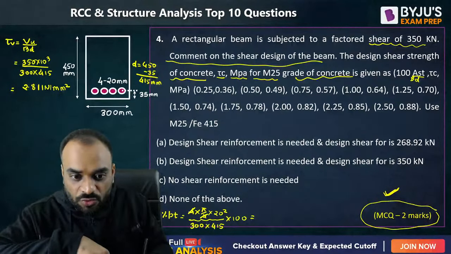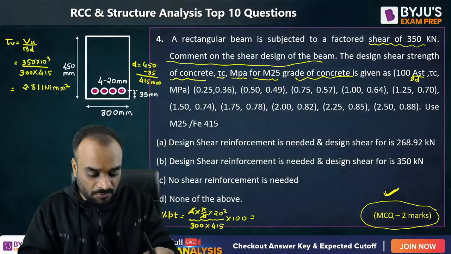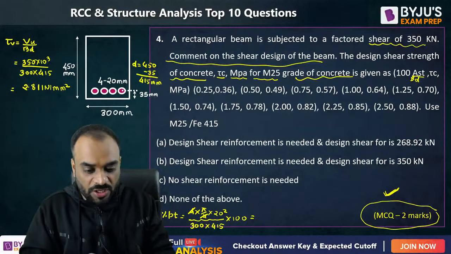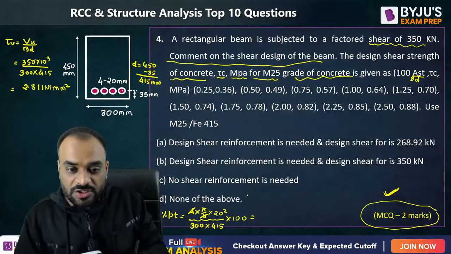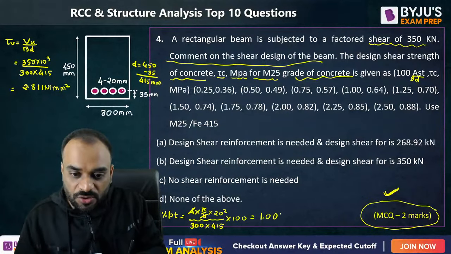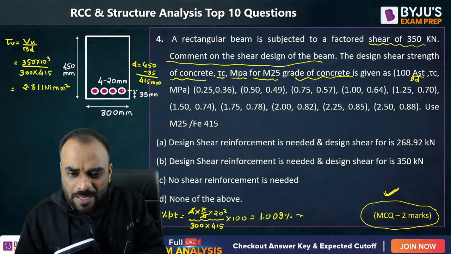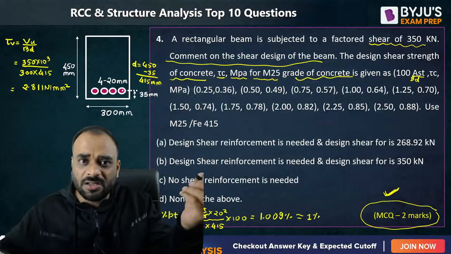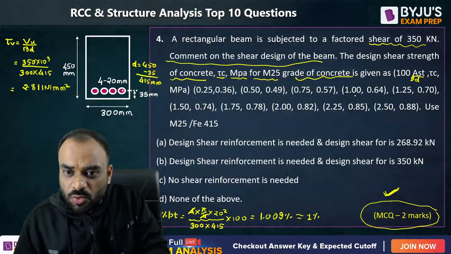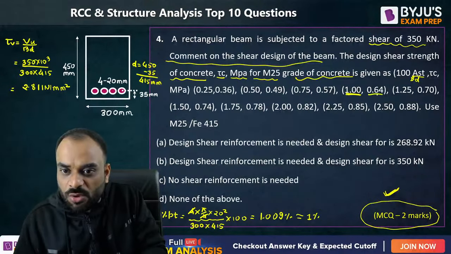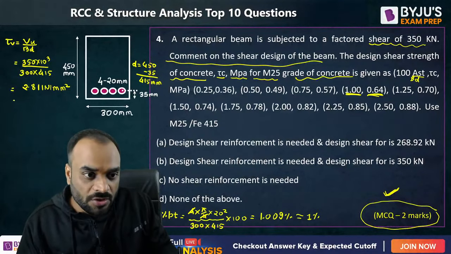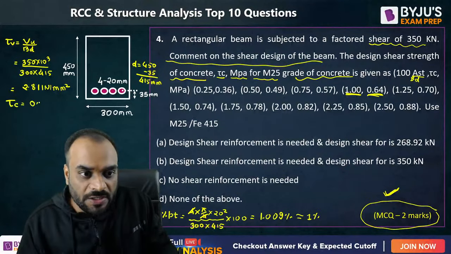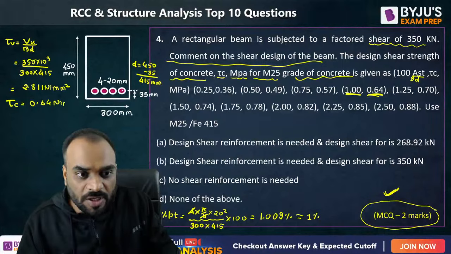Kindly cancel 4 to 4. Pi into 20 square multiply by 100 divided by 300, 415. So this value is coming around 1.009%. That means approximately equal to 1%, correct? Now check for 1% what is the value of tau c. It is 0.64. So tau c is equal to 0.64 Newton per mm square.